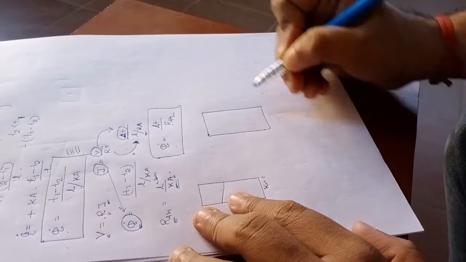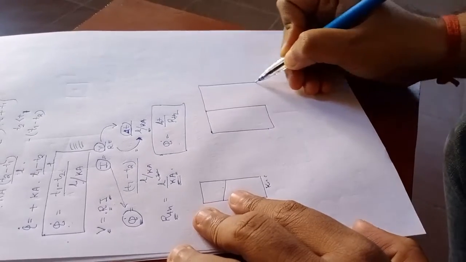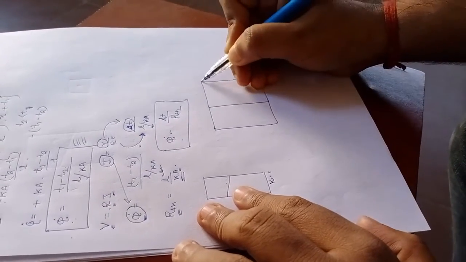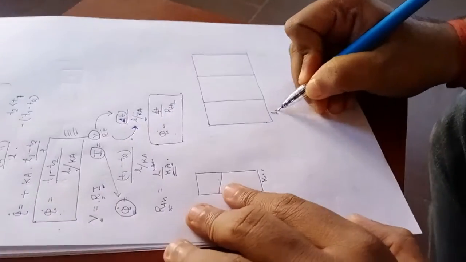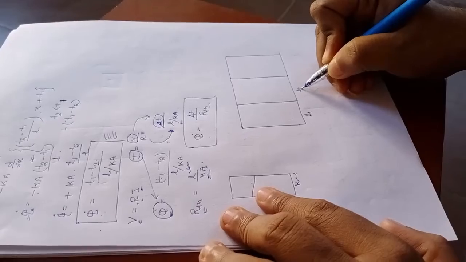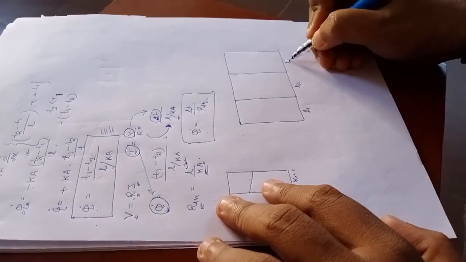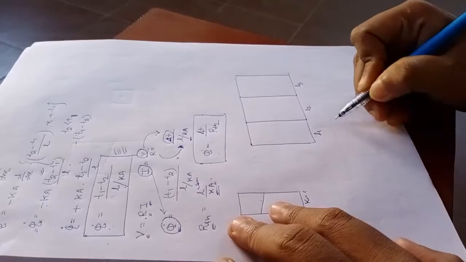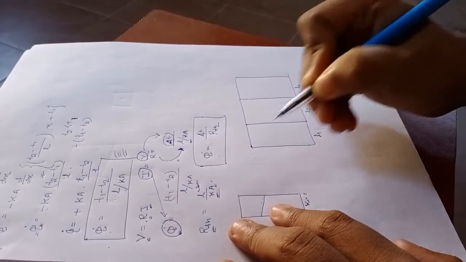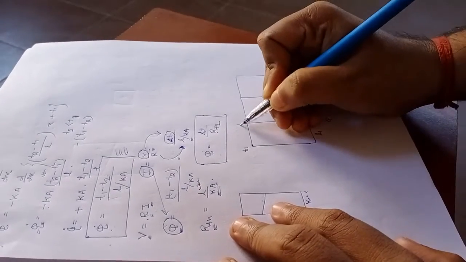The wall is composite like this. Let us consider the area is constant throughout all the length. Here the length is L1, here L2, here L3. The heat is flowing with a constant rate Q dot.